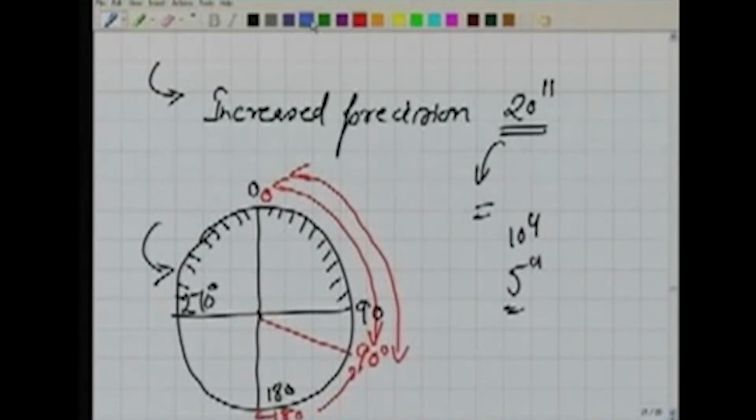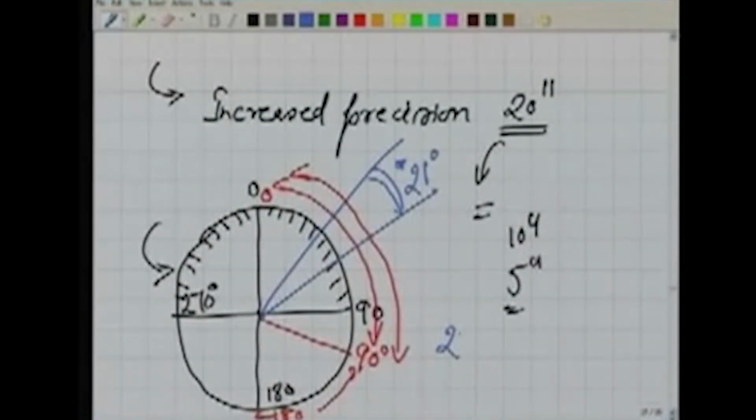Let us say the angle measured was this. If the actual angle value is 21 degrees, what will we observe in the theodolite? Slightly less than that, let's say 20, which is less than 21. Why? Because these graduations are far apart.